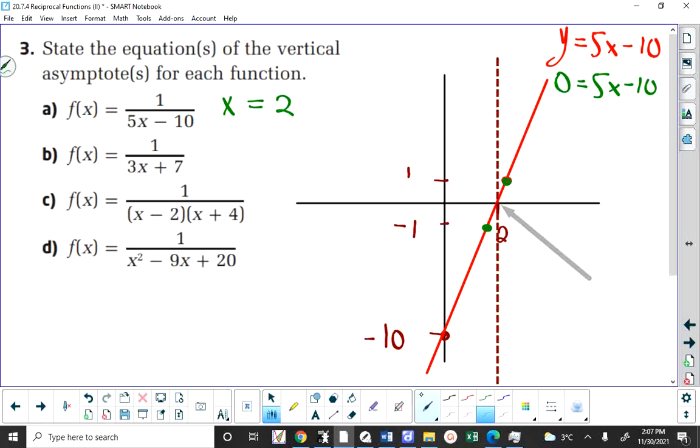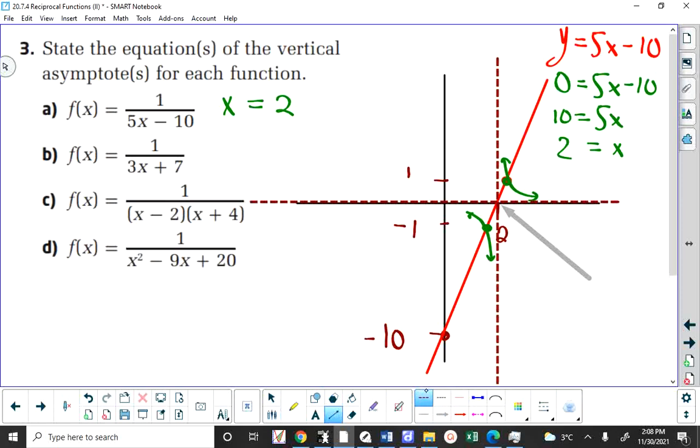You set 5x minus 10 equal to 0, and you solve this to find it. Remember yesterday some of you said, what is a non-permissible value? That's what it is. It's the value of x that's not allowed. Generally speaking, then, the rest of the graph will look like this. And you also have to know that there is a horizontal asymptote there.